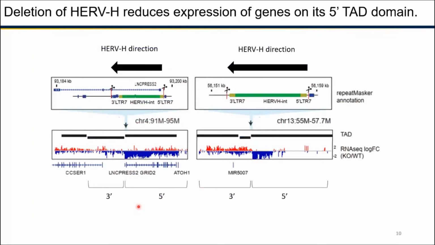In addition, we found that when HERV-H were deleted, only the genes on the 5' TAD domain were significantly downregulated, suggesting that the HERV-H promoter may act as an enhancer, which is consistent with recent reports that HERVs might have an enhancer function. Our data also suggest that HERV-H's enhancer function might be blocked by the boundary so that it cannot activate genes on its 3' end.